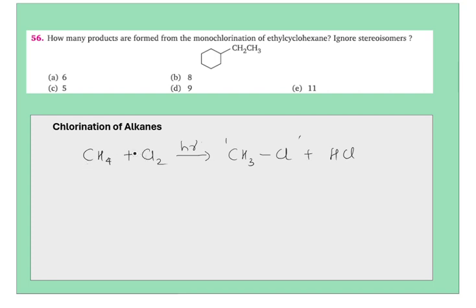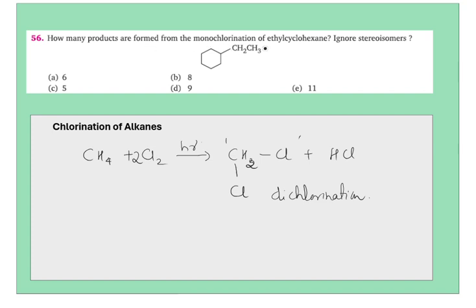Suppose if you use 2 moles and 2 hydrogens are replaced, so instead of CH3Cl, you are getting CH2Cl2 like this. Then we call it dichlorination. And it goes on trichloro, tetrachloro like that. This is halogenation of alkane molecules.